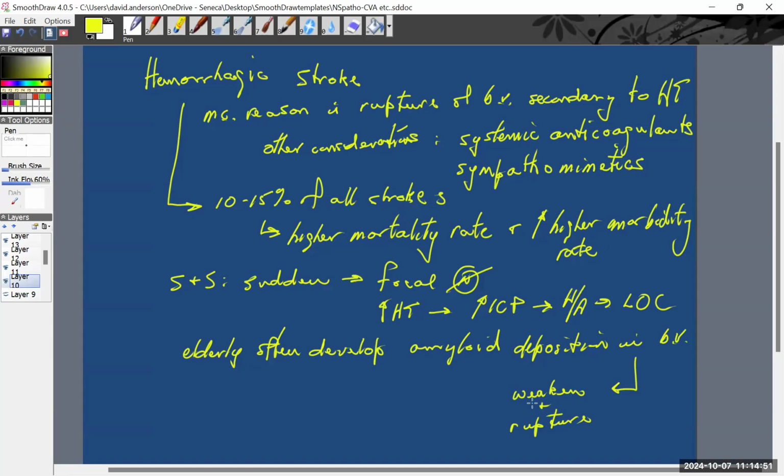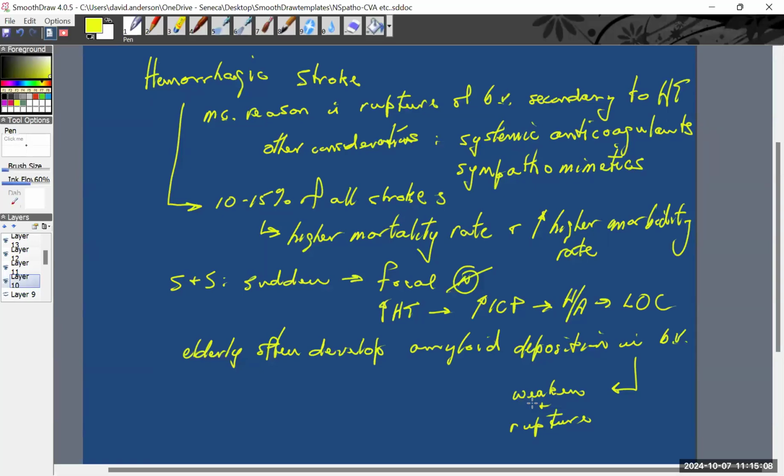When the hemorrhage is large, we're going to get that increase in intracranial pressure. That increased intracranial pressure can lead to herniations that we've talked about already. Those herniations have typically a poor prognosis. They're going to often result in death.